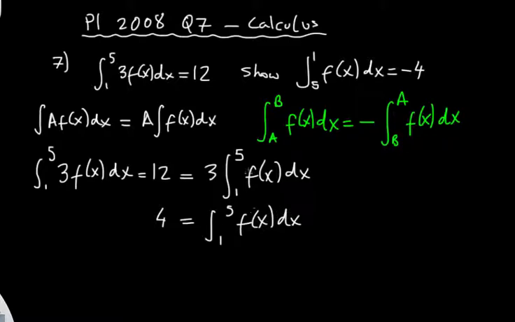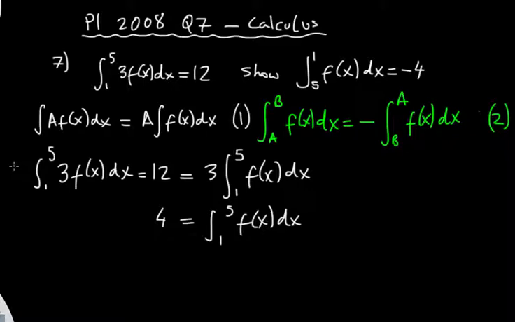So all we have to say now is that using this relationship here, which always in maths is nice if you can label it, so I'm going to call this relationship number 2, and you can always call this one over here number 1.